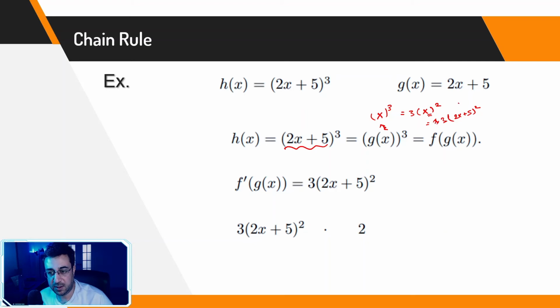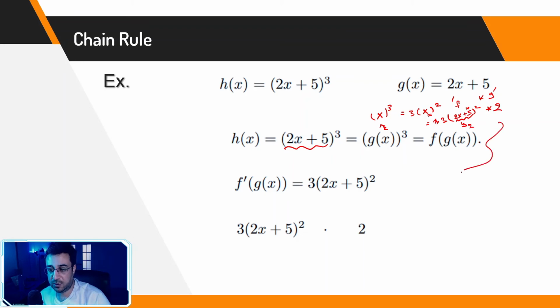So that's the f prime, and that would be multiplied by g prime. What is the derivative of whatever is inside the parentheses? 2x plus 5, that's 2. 5 is a constant, it will die by derivative, and 2x will be derived as 2. So we have 2 here.